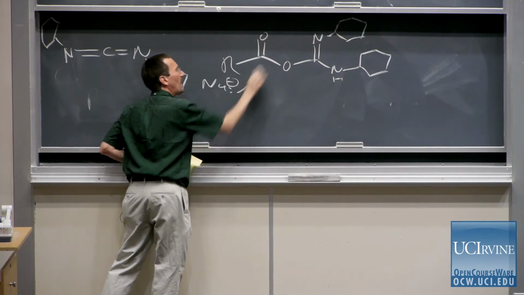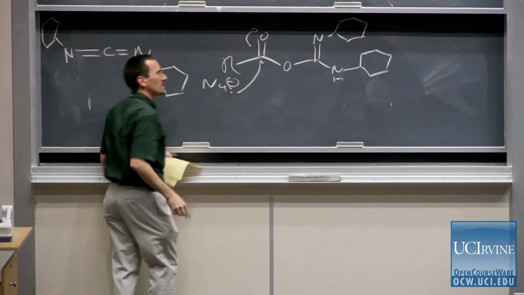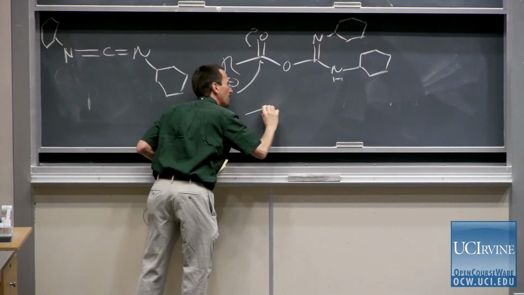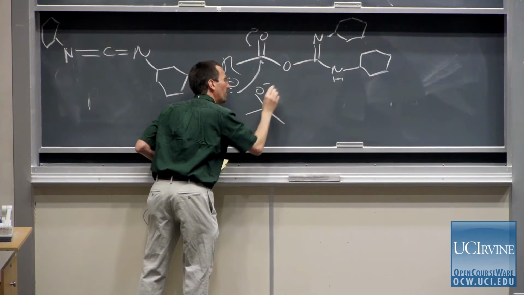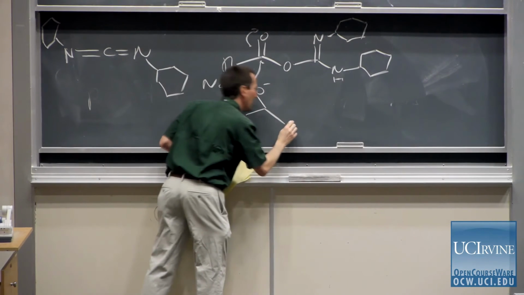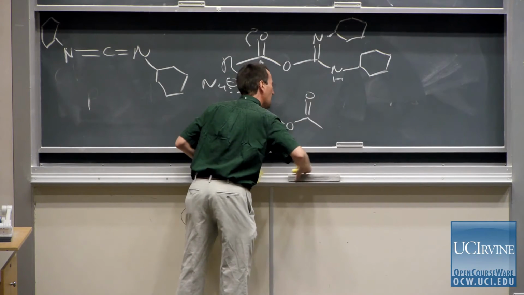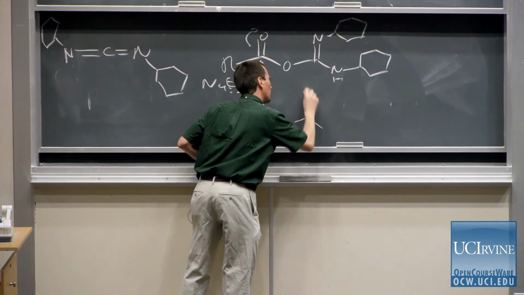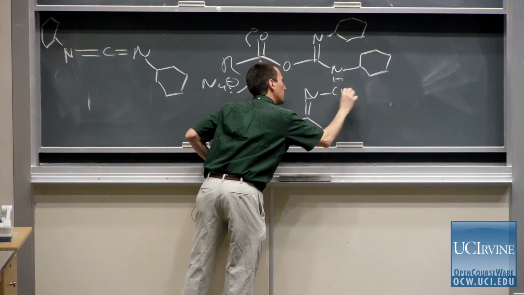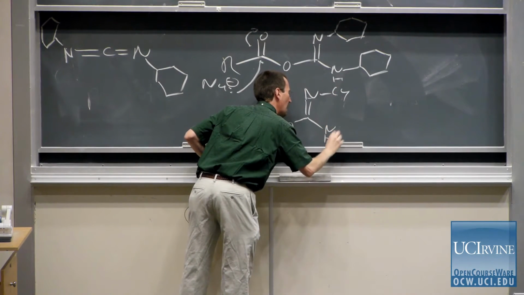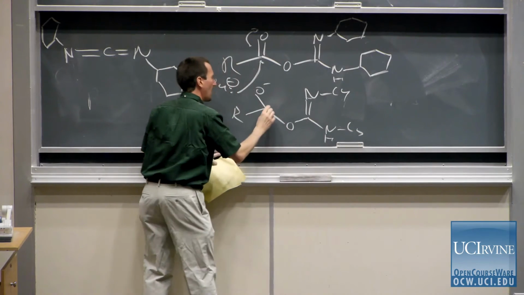And a nucleophile can come in, just as we have seen time and time again, with all of the chemistry we've been seeing today. A nucleophile can come in, and I'm just going to abbreviate CY for cyclohexane.